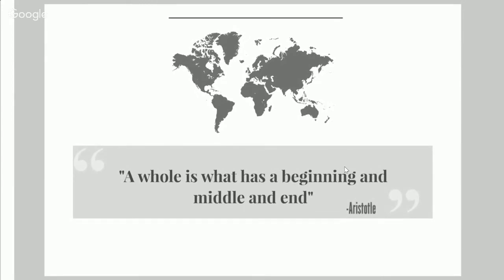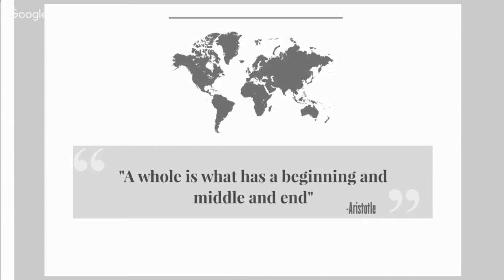Ancient Greek philosopher Aristotle said it very simply, and it might be so obvious, that a whole is something that has a beginning, a middle, and an end. And this is something that, despite the fact that it's so obvious, is often really neglected. I've read many blog posts that don't have a beginning, they don't have a middle, they don't have an end.